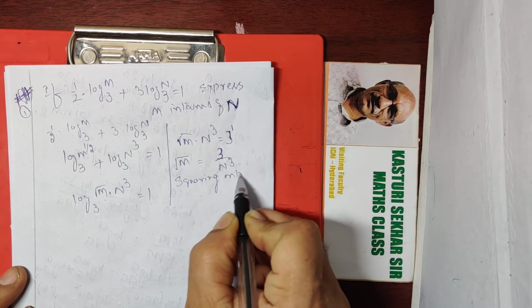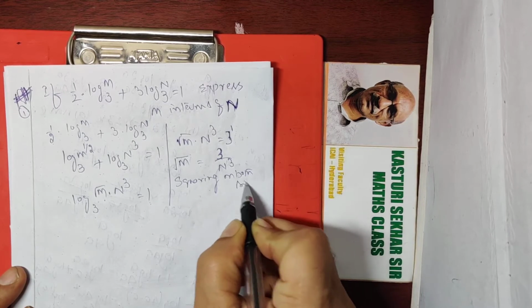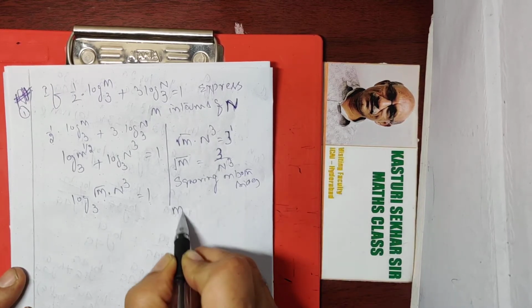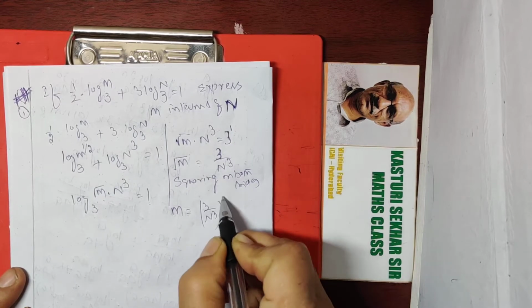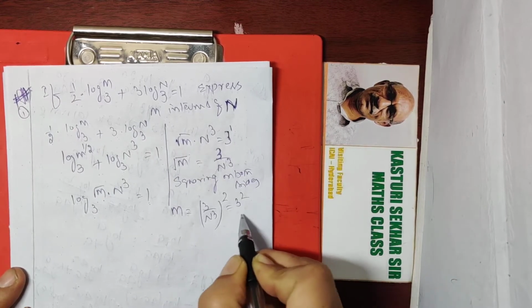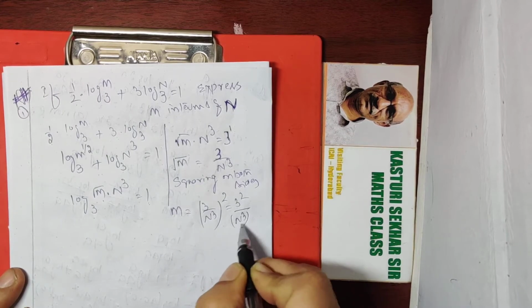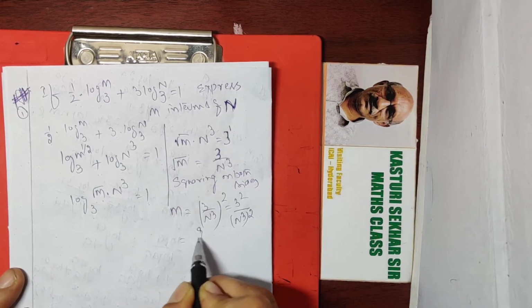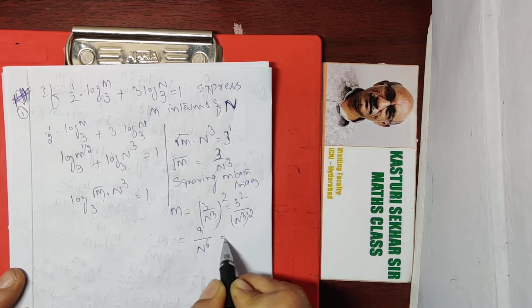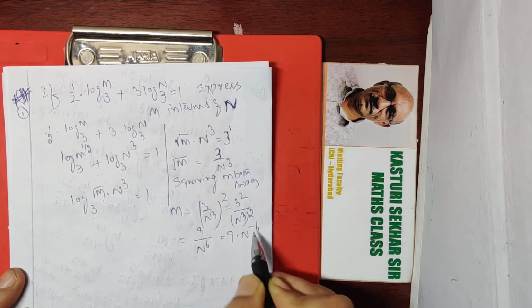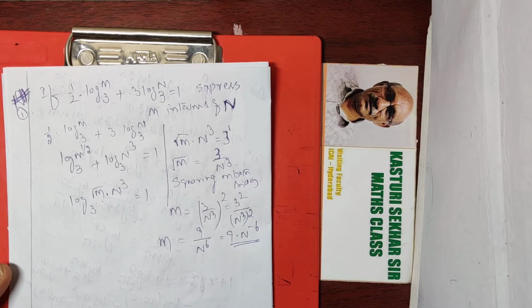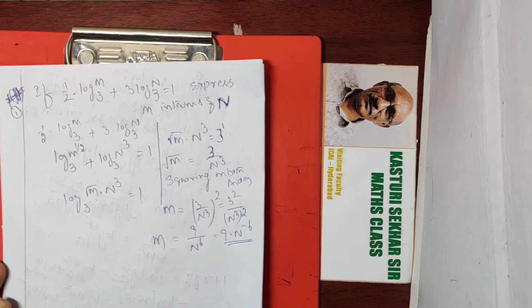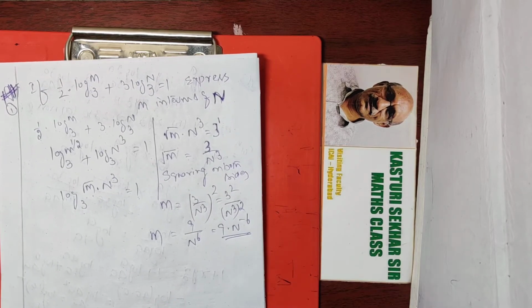Squaring on both sides, m is equal to 3 by n cube whole square, 3 square by n cube whole square, 9 divided by n power 6, 9 into n power minus 6. M is equal to 9 into n power minus 6. This is the answer to this question.